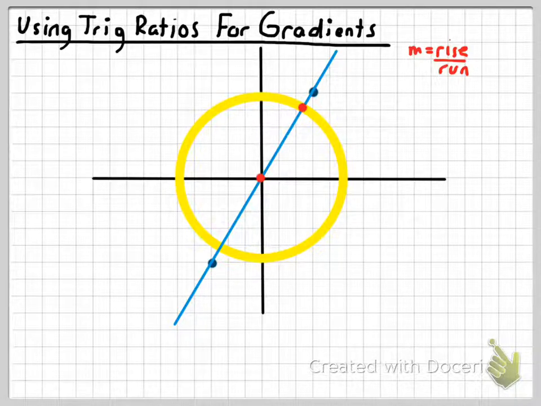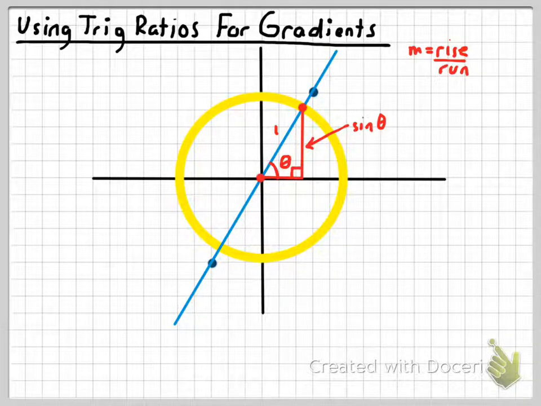Now, let me draw a right triangle here. I can draw a right triangle by connecting directly to the x-axis and then drawing over. And since this is a unit circle, that would mean that the vertical distance, or the rise, is equal to the sine of theta, where theta is the angle that our line forms with the positive x-axis.